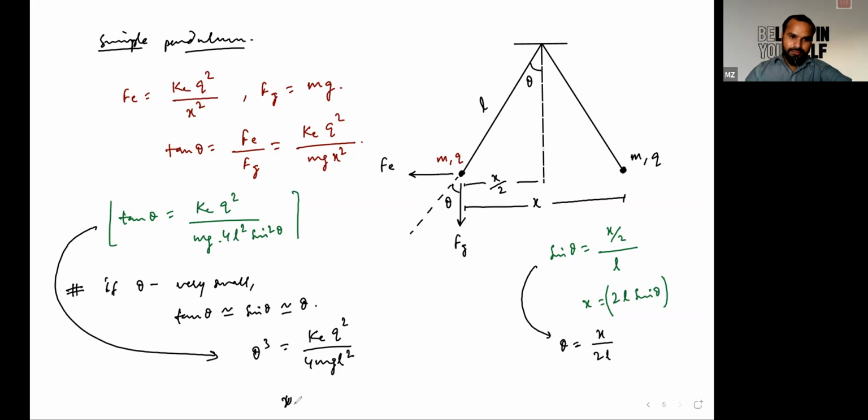So x cube equals k q square times 2 times L divided by mg. This will be the required answer in terms of x if theta is small. Is it clear? Yes, sir.